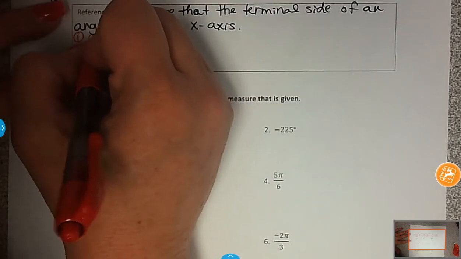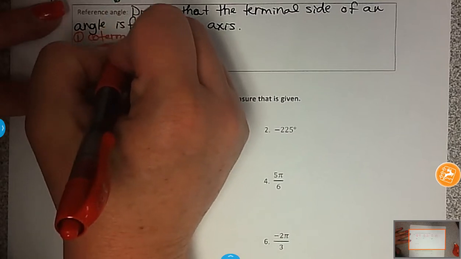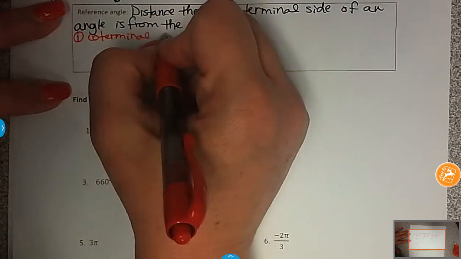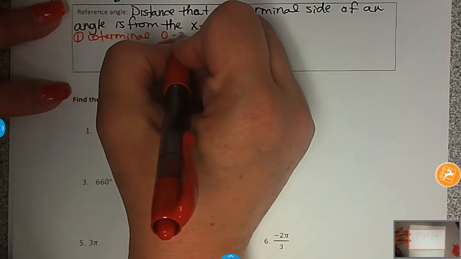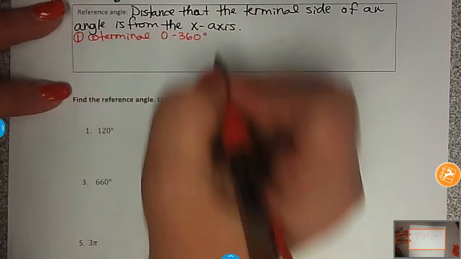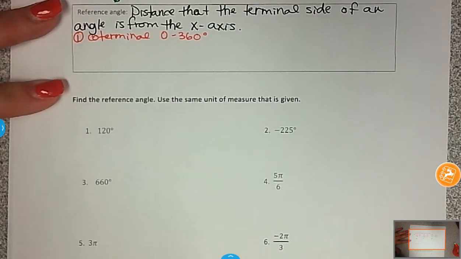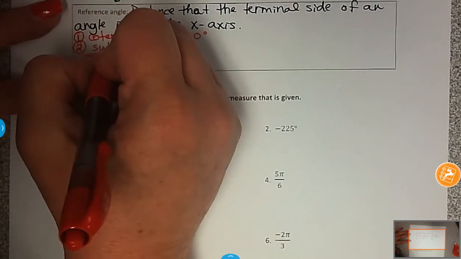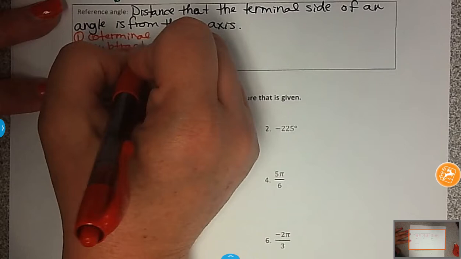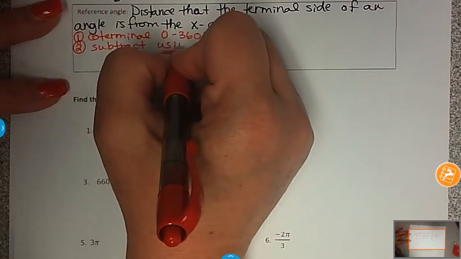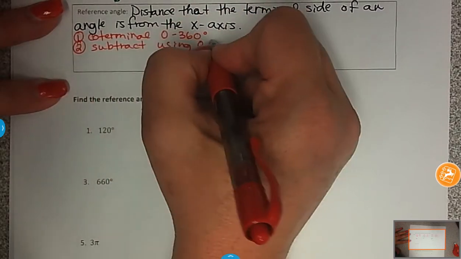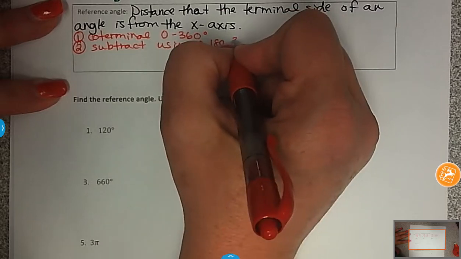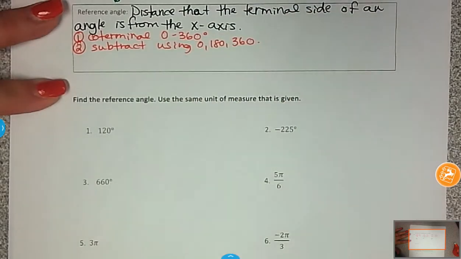So you may need a coterminal angle that is between 0 and 360 degrees. After that, you're going to subtract using 0, 180, or 360, because those are the angle measures that are going to be on the x-axis.